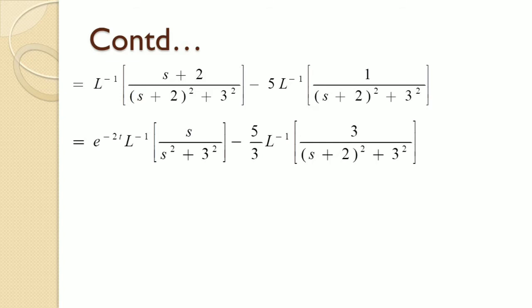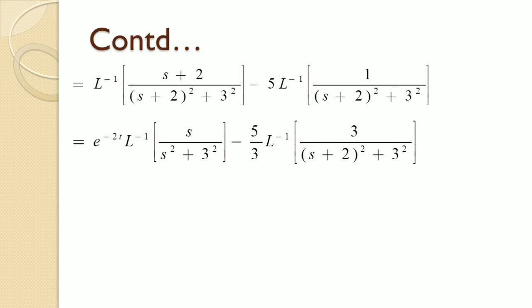And we know the formula that L inverse of (s plus a) by ((s plus a) the whole squared plus b squared) is equal to e power minus at into cos bt. So converting to that form, we'll be getting e power minus 2t L inverse of s by (s squared plus 3 squared) minus 5 by 3 into L inverse of 3 by ((s plus 2) the whole squared plus 3 squared).